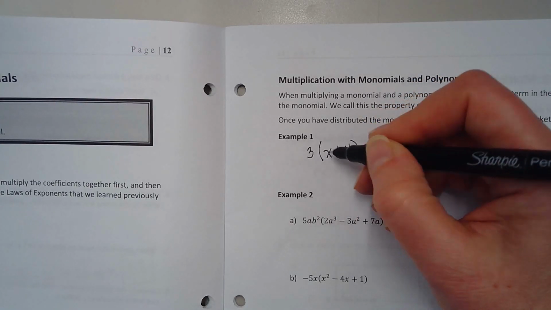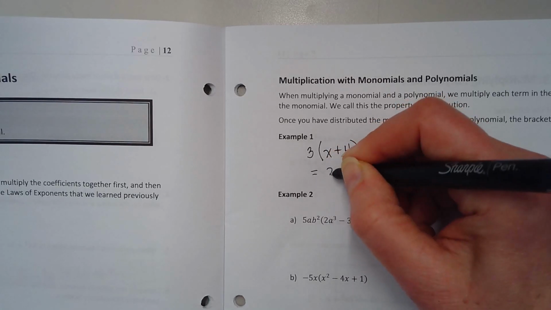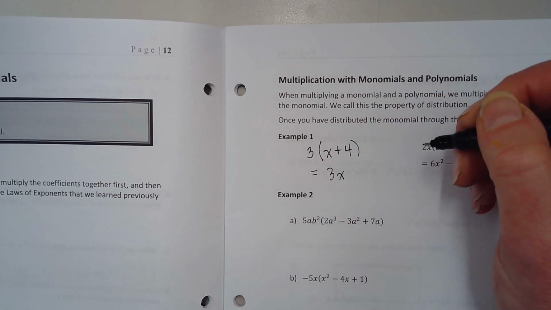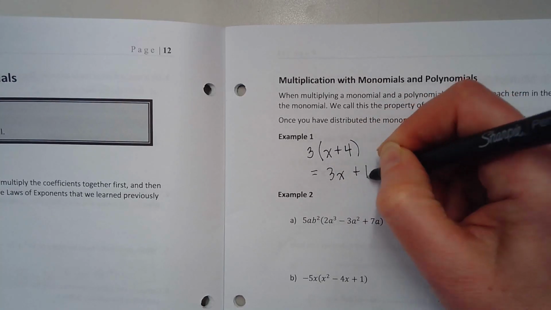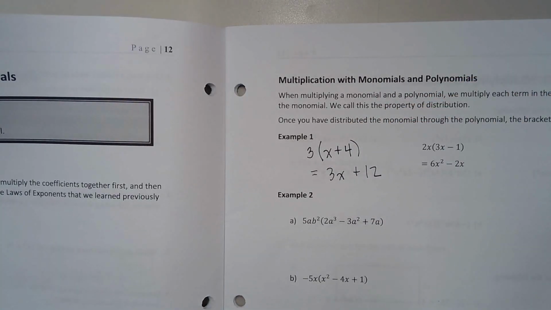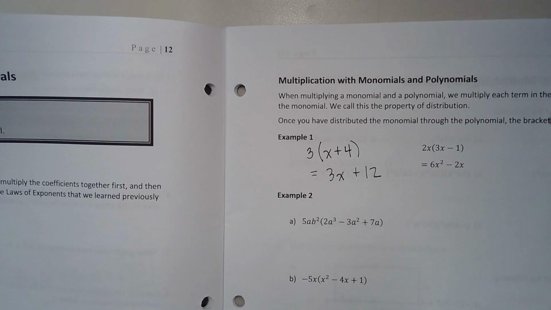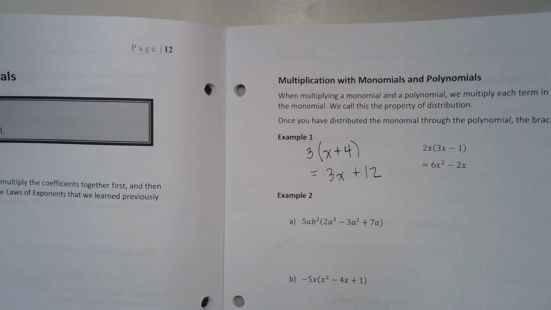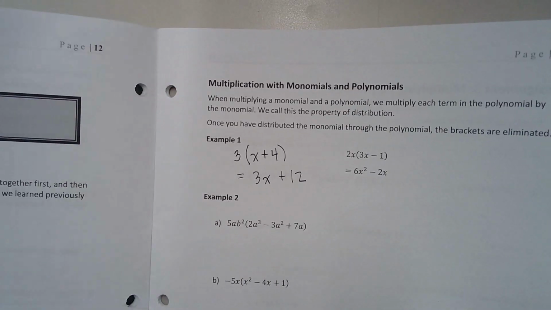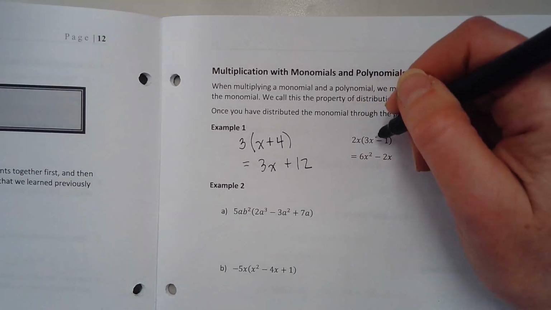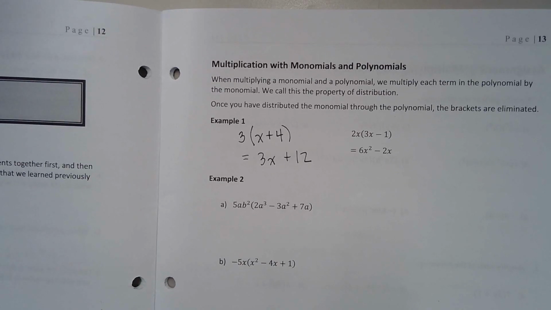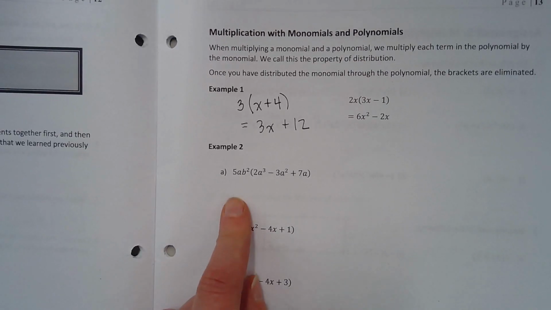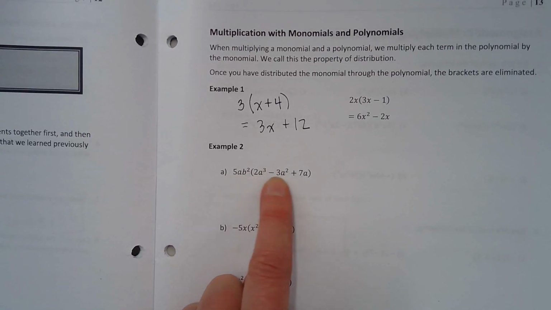So 3 times x results in just 3x. 3 times a positive 4, both positive, is a positive 12. So then you're done. That's what multiplication is. Multiplication involves removing the brackets, right? Because the brackets are indicating multiplication. So basically, if you could understand what we did in example 1, here you're just doing that process 3 times, right?